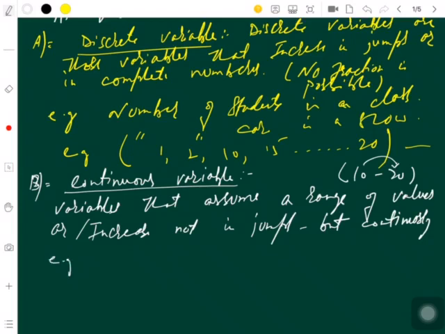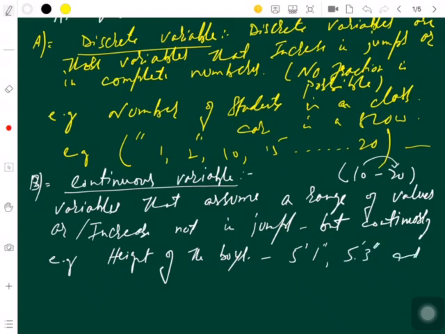For example, what we had as our example is height of the boys. So when I talk of height of the boys, let us say 5 feet 1 inch, 5 feet 3 inch, and so on.